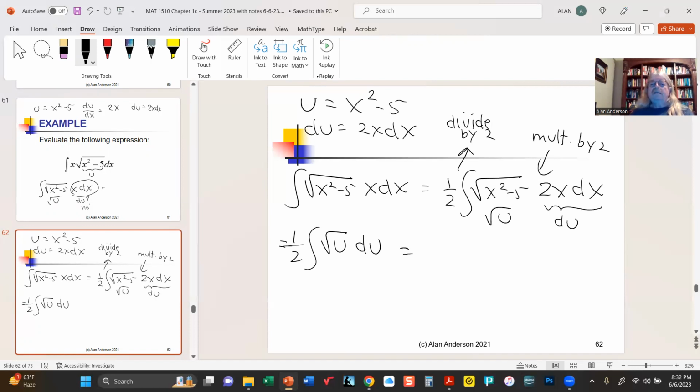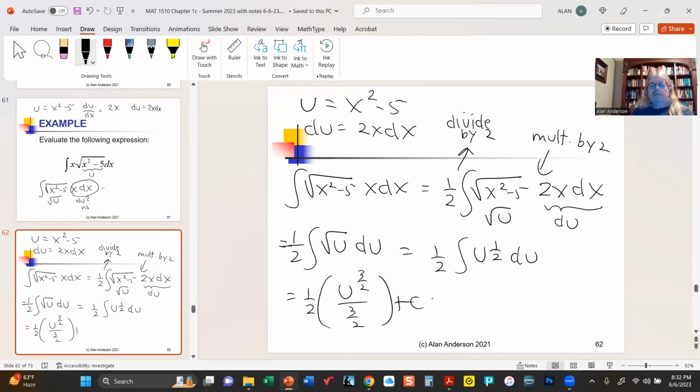And of course I can rewrite this as u to the 1/2. And so I end up with 1/3 u to the 3/2 plus c.